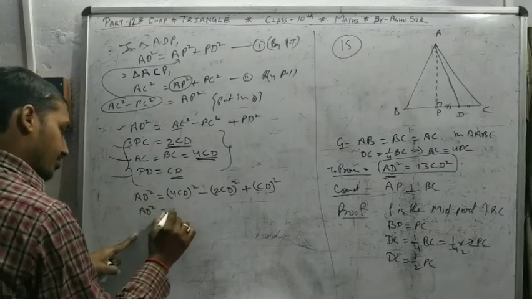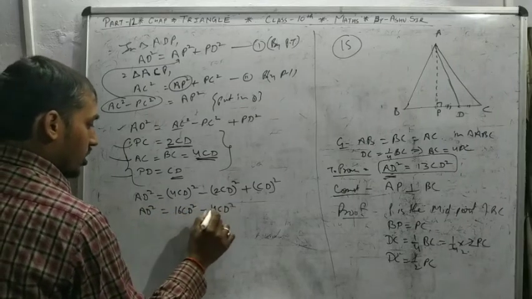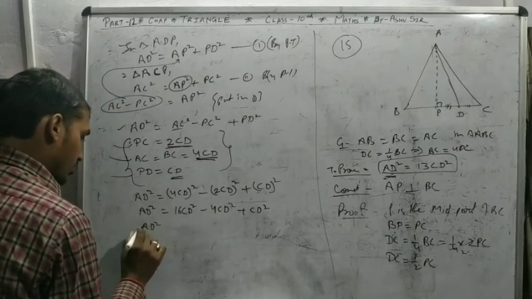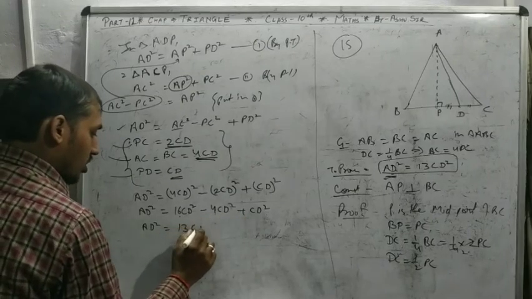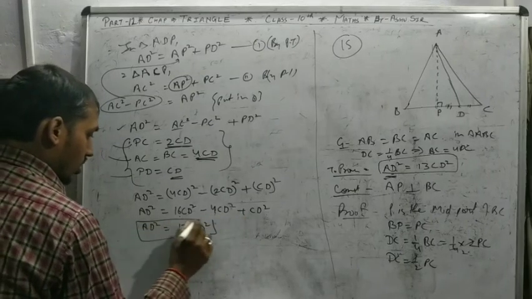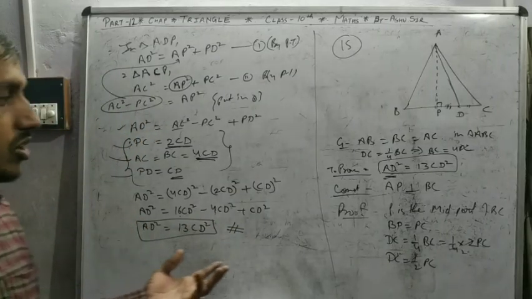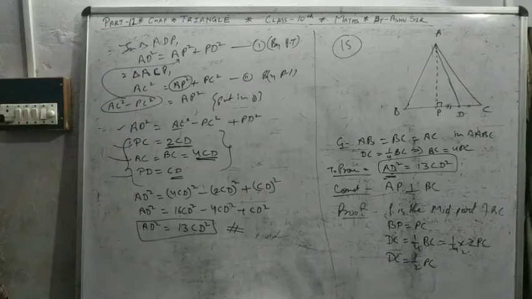So 16 CD square minus 4 CD square plus CD square. 16 minus 4 is 12 plus 1, 13 CD square. That's the question. That's a good question using the Pythagoras theorem. Pause, read, note down.